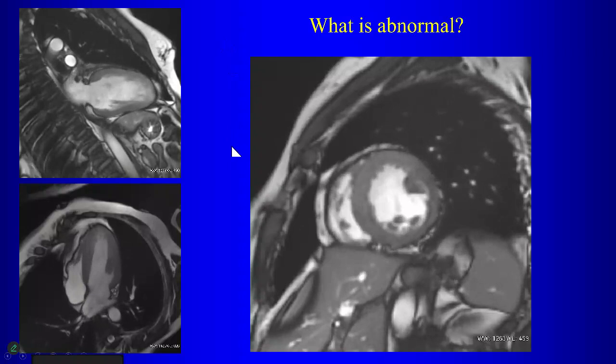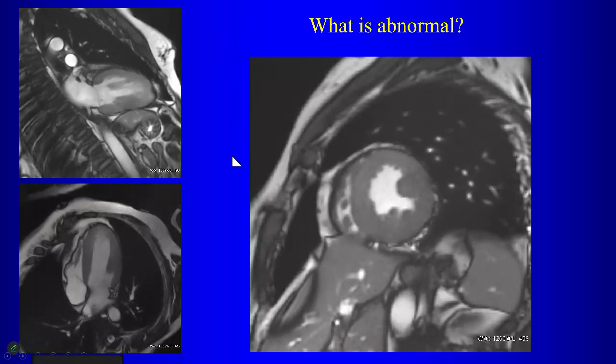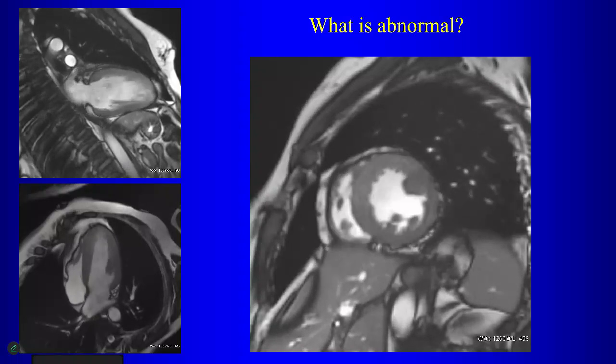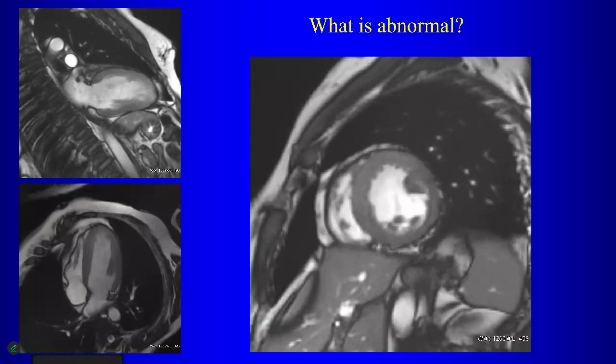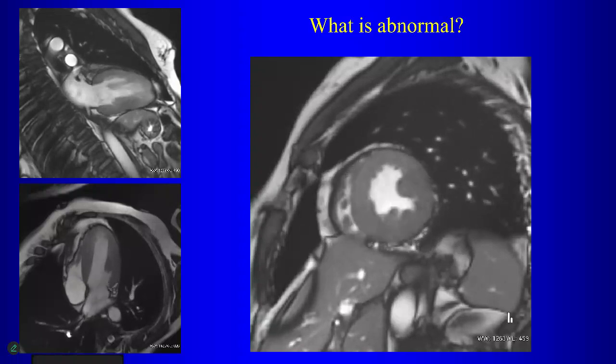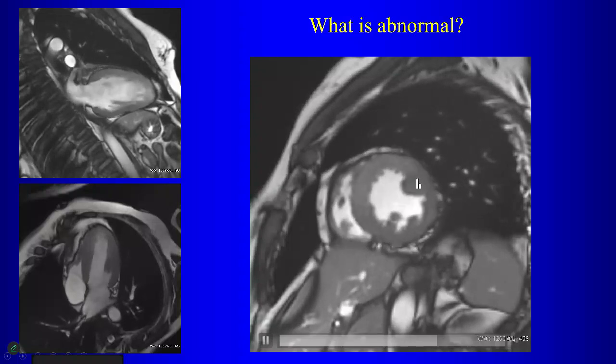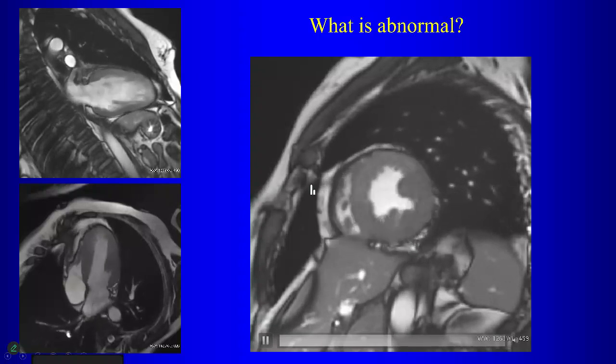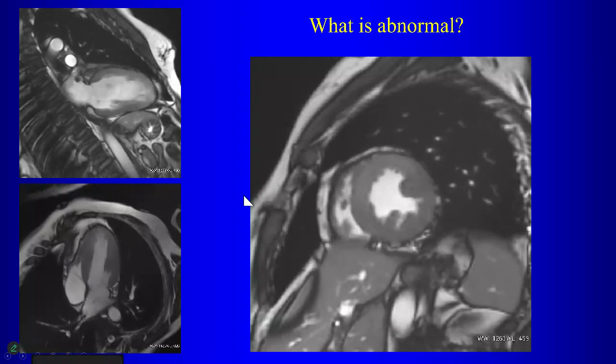And then now you can look at wall motion, right? So when you look at wall motion, what do you notice? The septal wall's hypokinetic. Yeah, so you can see that we have wall motion here along the lateral wall and the posterior wall, but here along the anterior wall and along the septal wall, it's somewhat hypokinetic, okay?